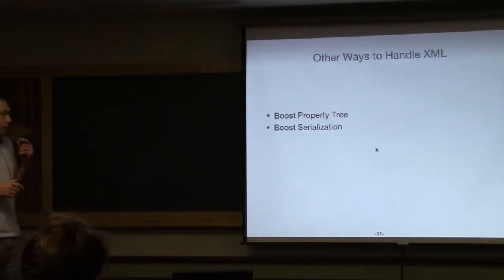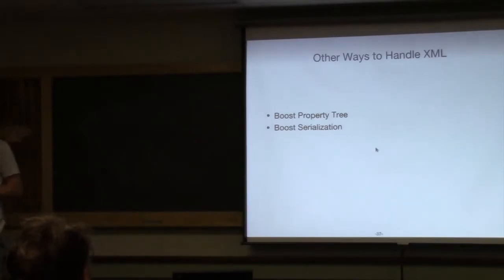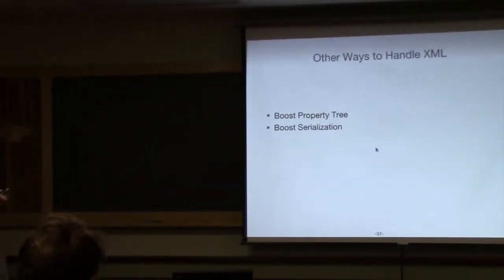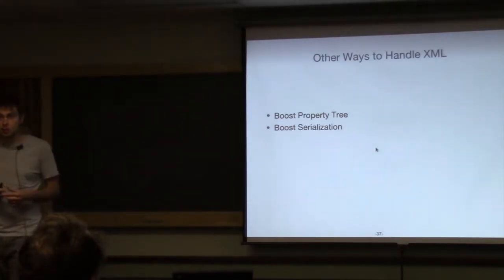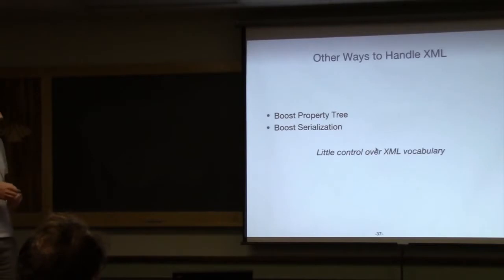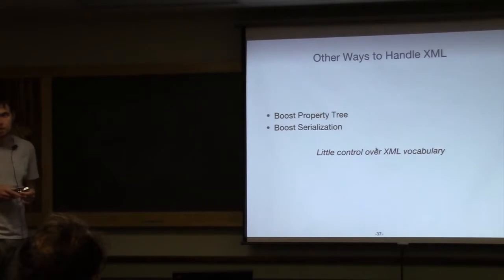Okay, let me also mention yet another way of making your application handle XML. There are libraries, most notably Boost Property Tree and Serialization, that will read and write XML for you. The main problem with this approach is that these libraries don't really give you much control over what the resulting XML will look like.